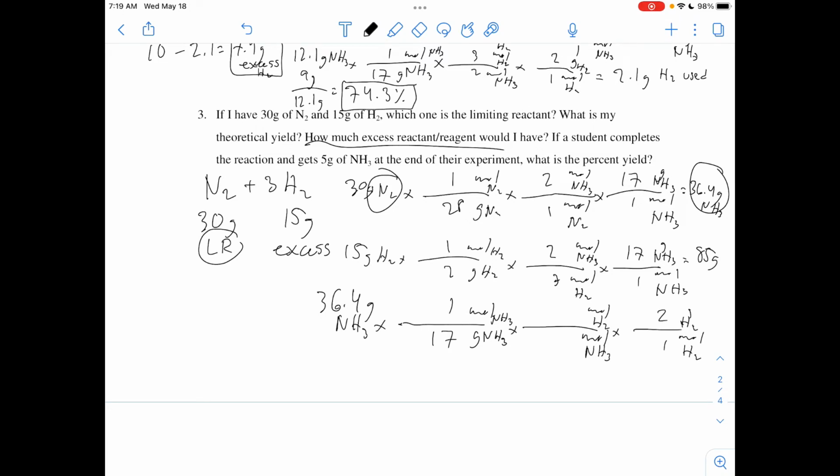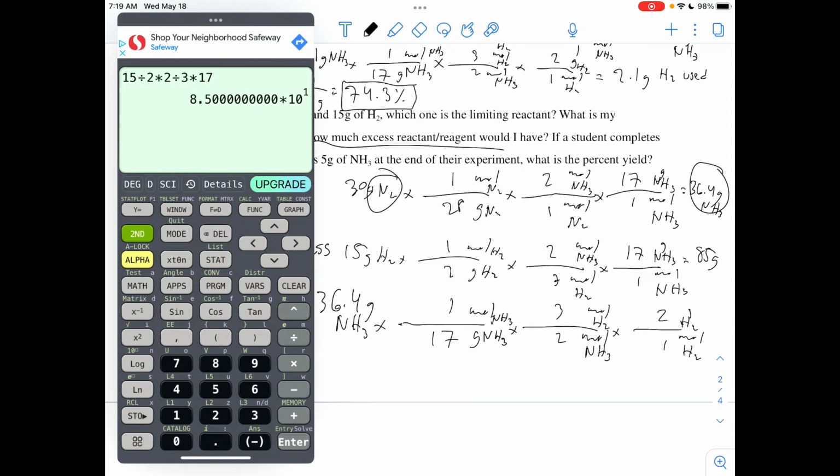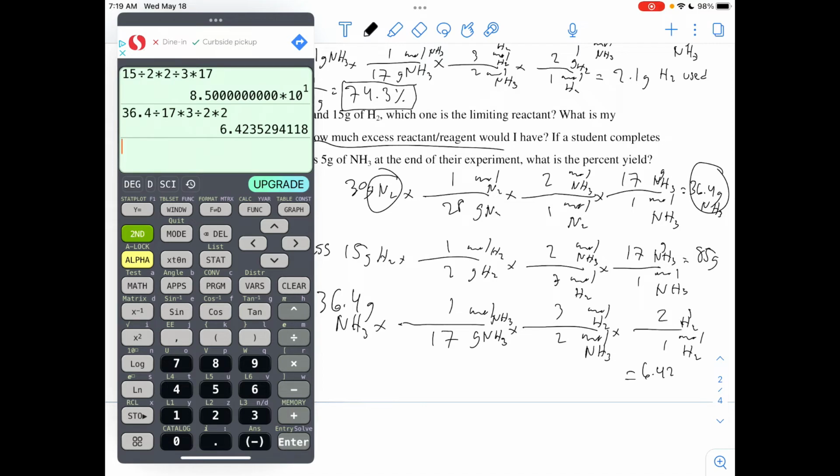So 2, 1, 1, 17. Mole ratio is 3 to 2. So let's see, 36.4 divided by 17 times 3 over 2 times 2 gives me 6.42 grams of H2.